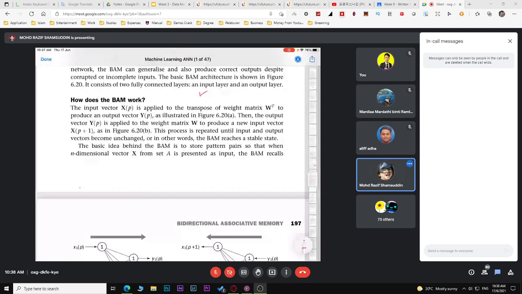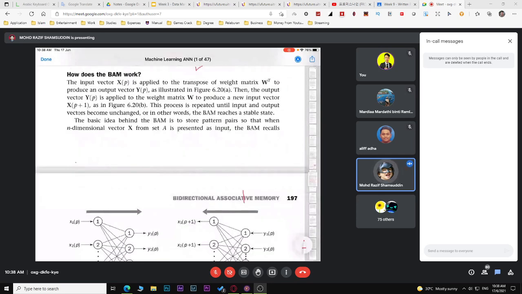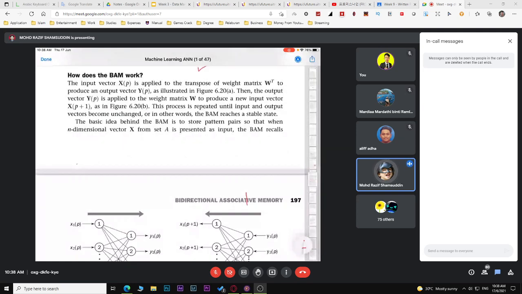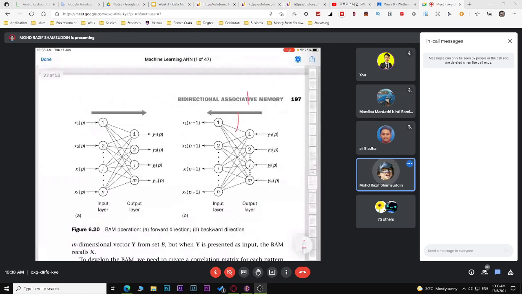So how does bidirectional associative memory work? The input vector is applied to the bidirectional associative memory to produce an output vector as illustrated in figure 6.2, right? So look at the figure here. This is how a bidirectional associative memory is supposed to work.